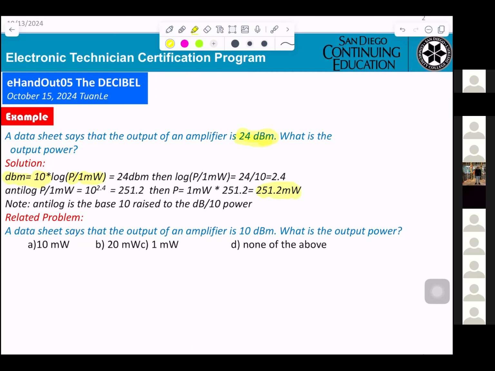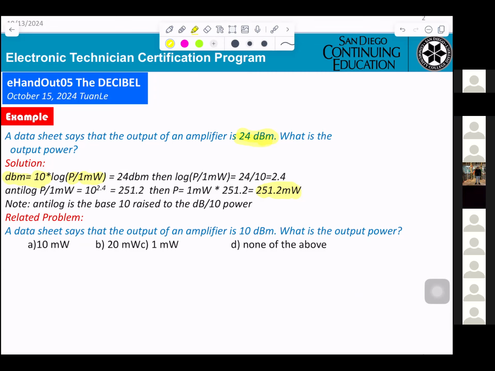Okay. A data sheet says that the output of an amplifier is 10 dBm. What is the output power? Choose A, B, C or D. You calculate and tell me which one is correct.